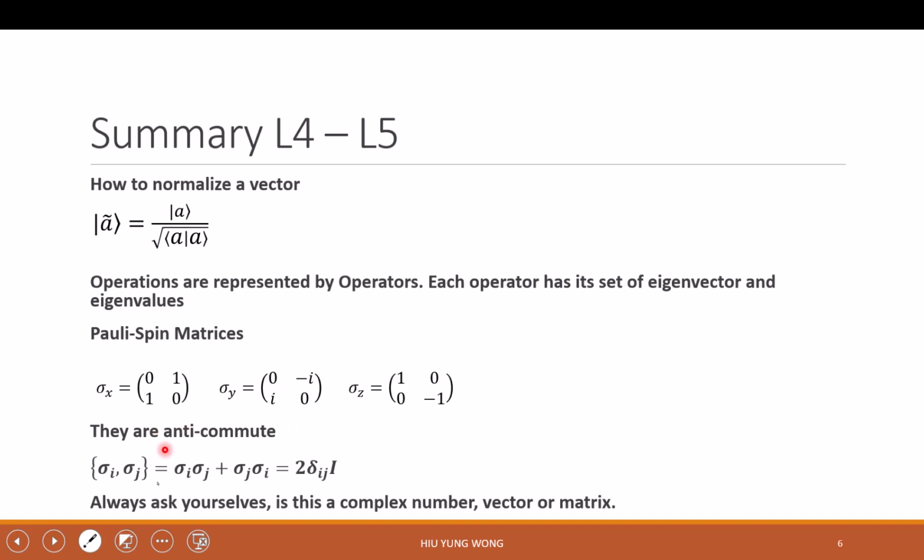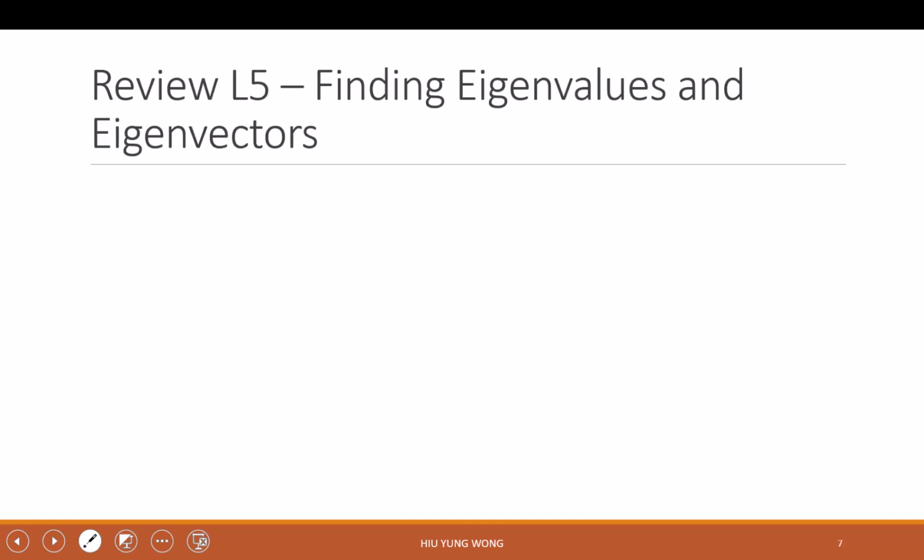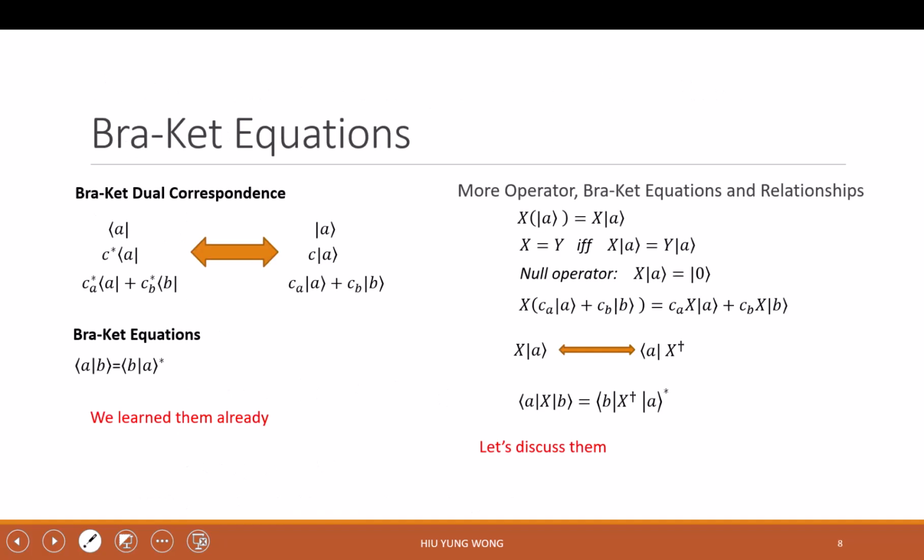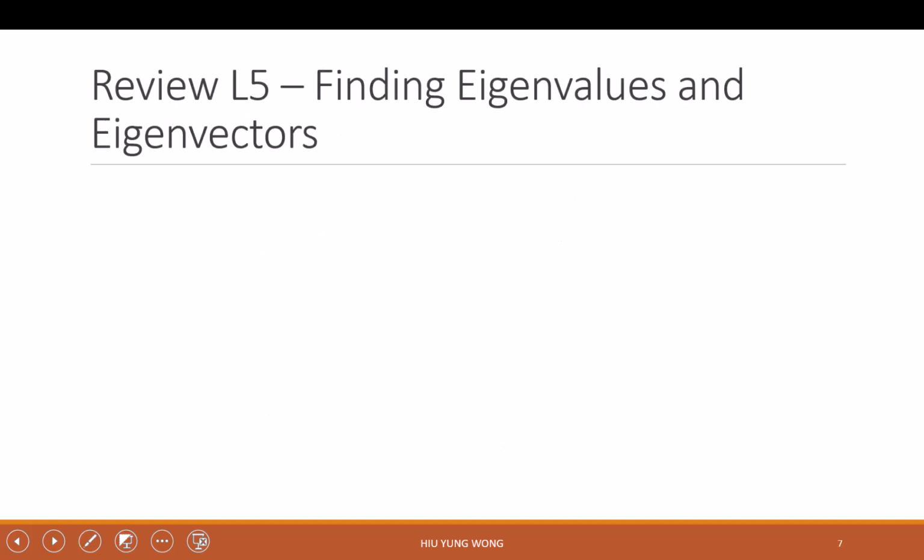These three matrices have the so-called anti-commute relationship, which we discussed in the last lecture. I won't talk about this again, but I want to use this opportunity to remind you how to find the eigenvalues and eigenvectors of a matrix. So let's look at, for example, sigma y.